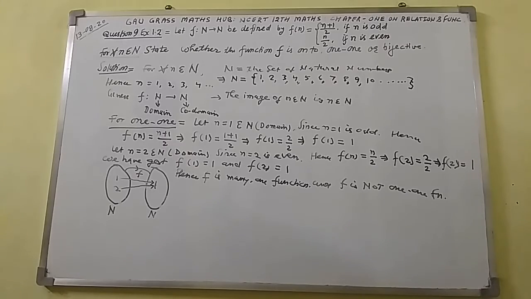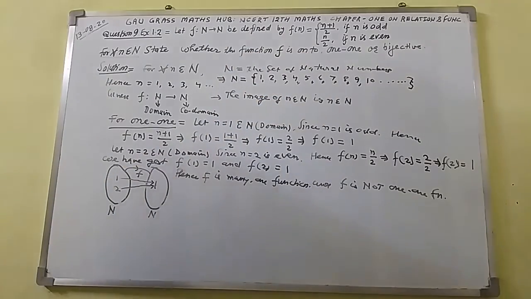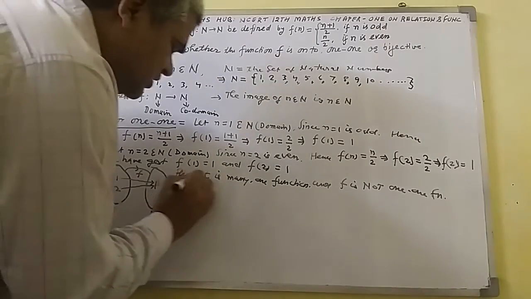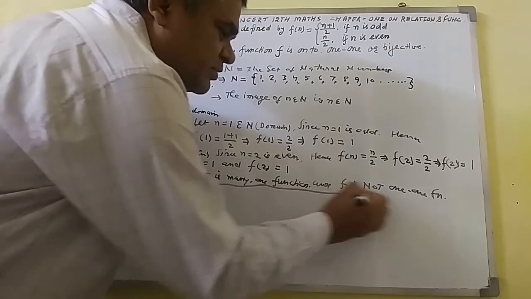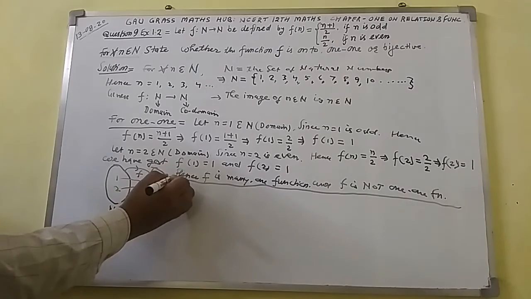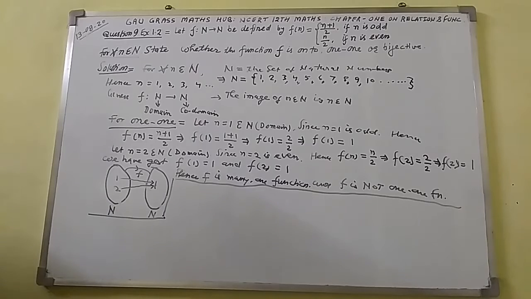For case number 2, that is onto, I have to prove here for onto. So what will be the case for the onto? We have to see. Here I have proved f is not one one function. F is many one function. So here I am going to prove whether f is onto function or not.